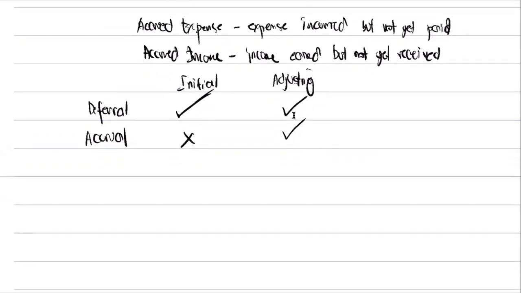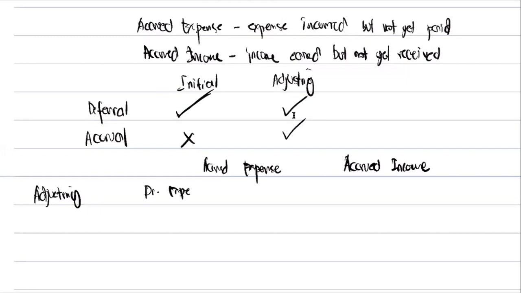So what are the adjusting pro forma entries for your accrual? So we have either accrued expense or accrued income. So, what is our adjusting? Take note guys, wala tayong initial entry dito. Purely adjusting entry. So, anong adjusting entry natin sa expense? We debit an expense and we credit a payable.